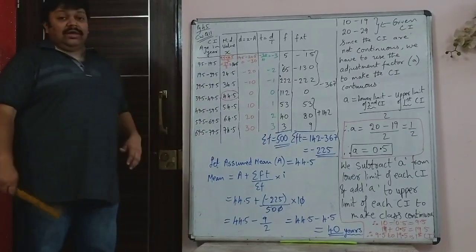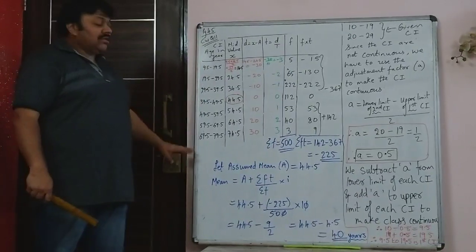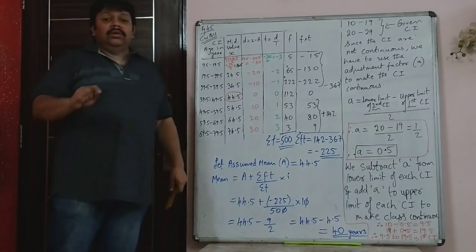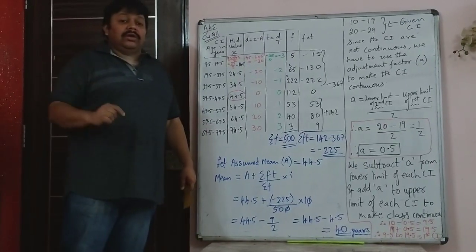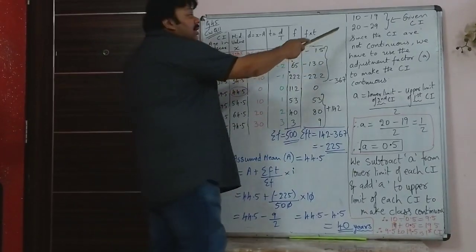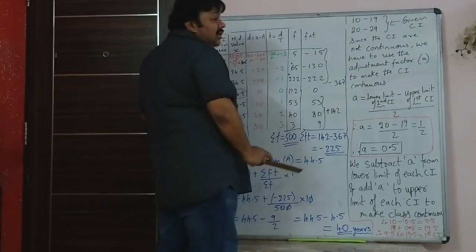So now in this case, the first thing, the simplest thing to do, is to make the classes continuous. For example, you are given 10 to 19, then it is not 19 to 29, it is 20 to 29. So you will find that the classes given to you are 10 to 19, 20 to 29.